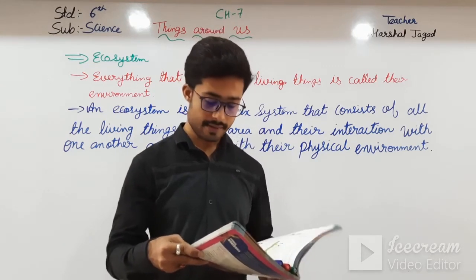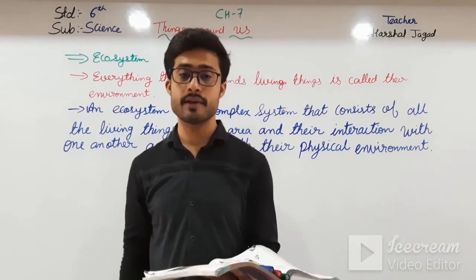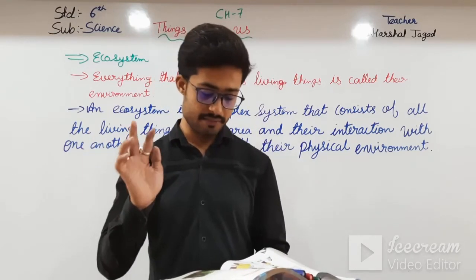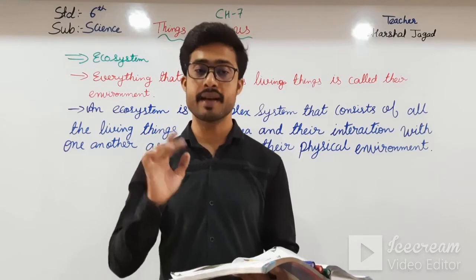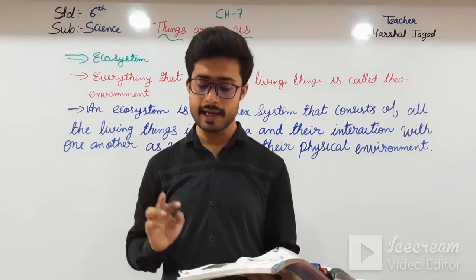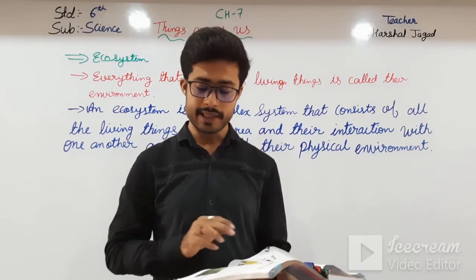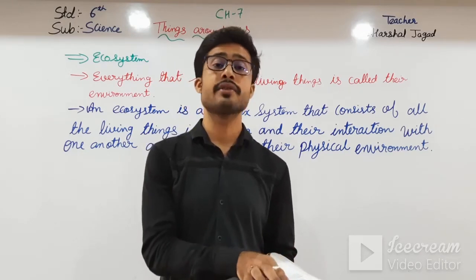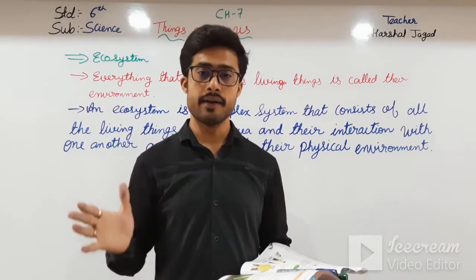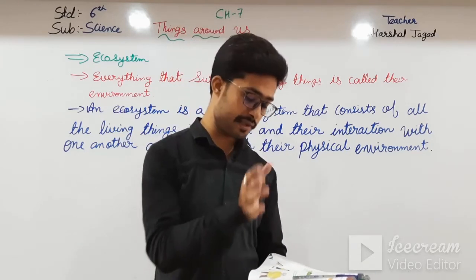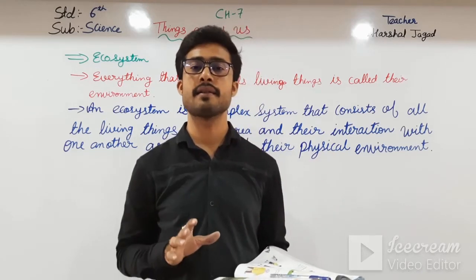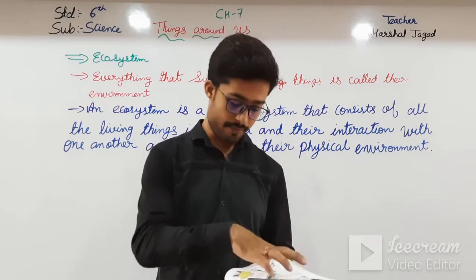You can see here a figure is given of a forest ecosystem. Biotic components: plants, animals, birds, insects, fungi and microbes. Abiotic components: soil, air, light, humidity and temperature, which we can just feel, are known as abiotic, and those which we can touch and see are known as biotic components.